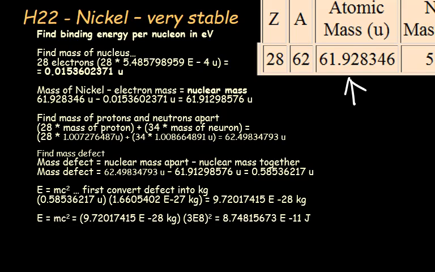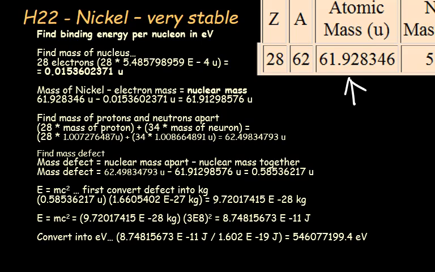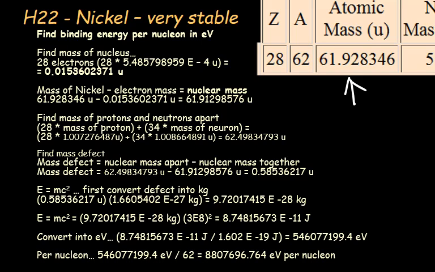E equals mc squared gives our binding energy in joules, and we can convert to electron volts and divide by 62, because there are 62 nucleons. And so there we go. This is 8,807,696.764 electron volts binding energy per nucleon. So very stable. This nucleus wants to stay together.